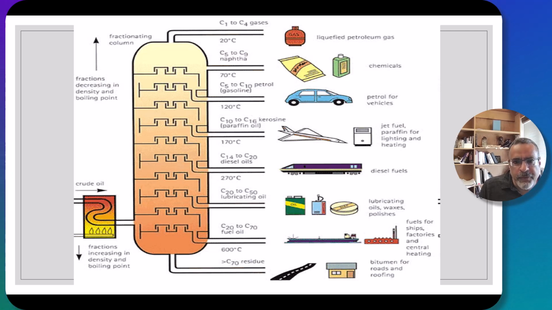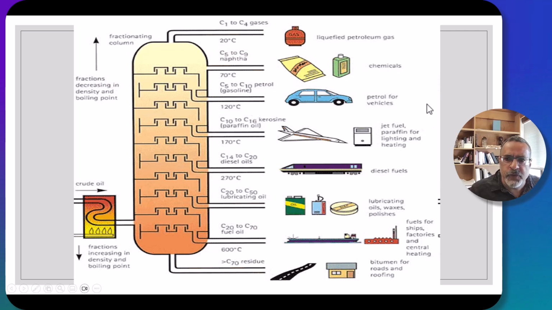And in fact, there is a very wide variety of products that come from distillation of crude oil. We have LPG, or liquefied petroleum gas, that has been increasingly used in marine applications because it has a lower footprint than diesel marine fuel oil, which was the traditional source of fuel for long-distance transportation by ship.